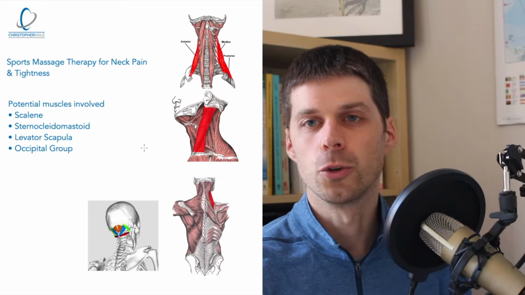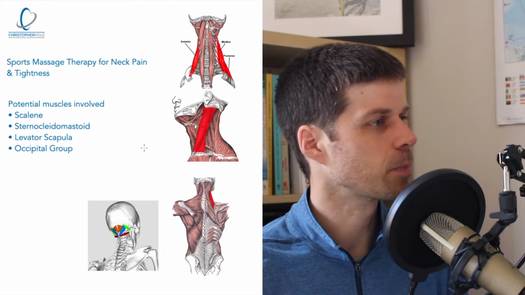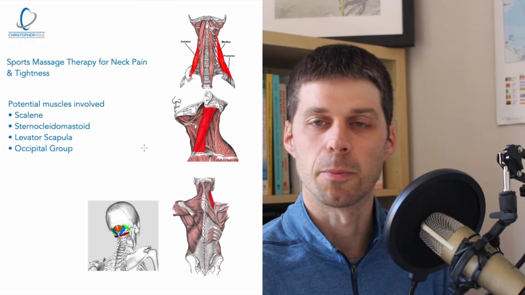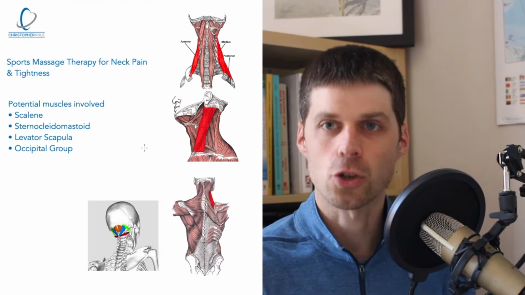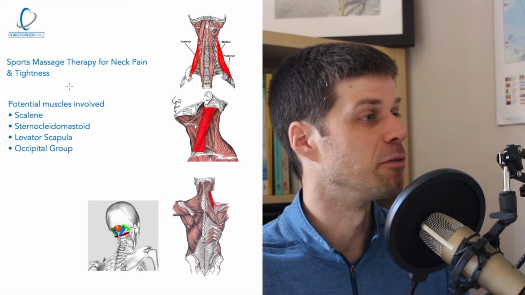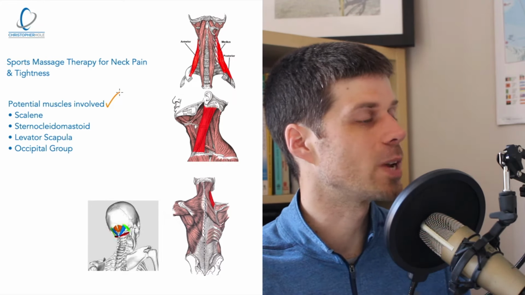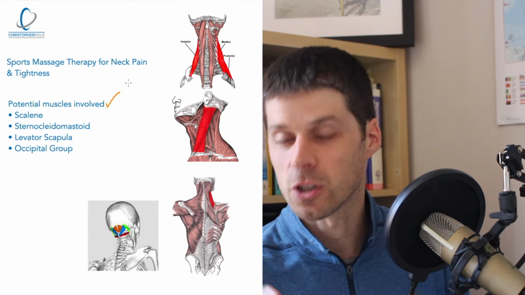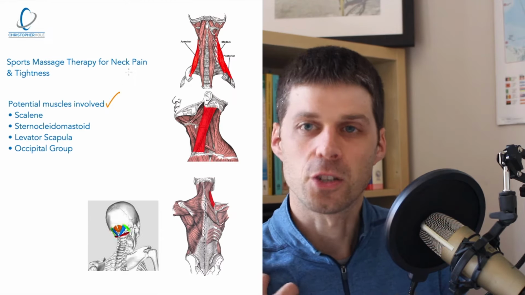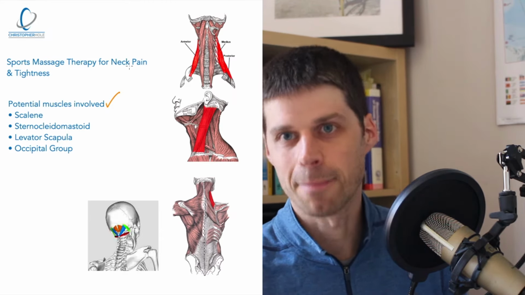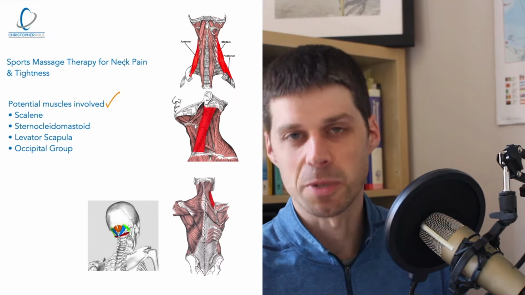So when it comes to treating neck pain, as I mentioned in the previous slide, we're looking at potential muscles involved. Certainly when we're just talking about general neck pain, for this type of video, I can't be specific and say it's this muscle, it's that muscle, it's another muscle. All I can do is look at potential culprits that are creating the pain.